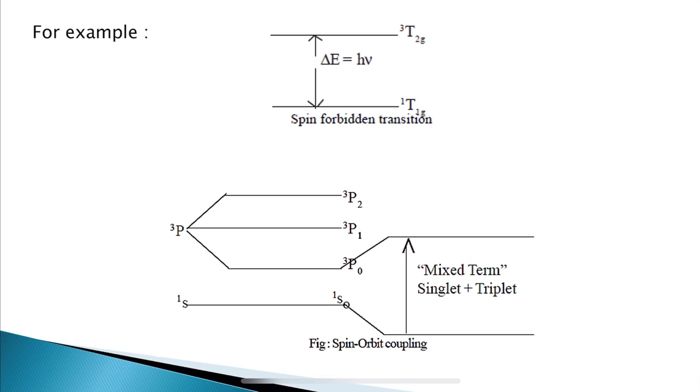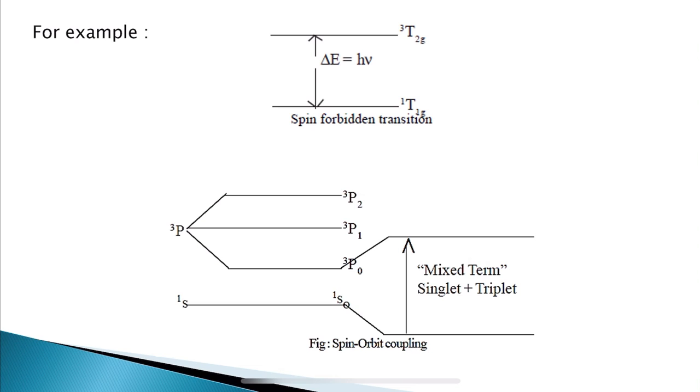For example, take the electronic transition from 1S to 3P, which is spin forbidden, because the spin multiplicity is different. One has a spin multiplicity of 1 and the other is 3.